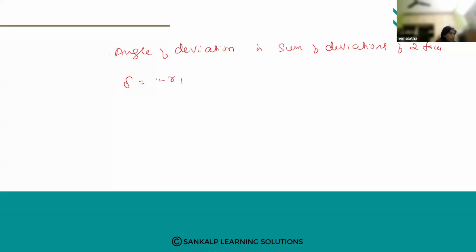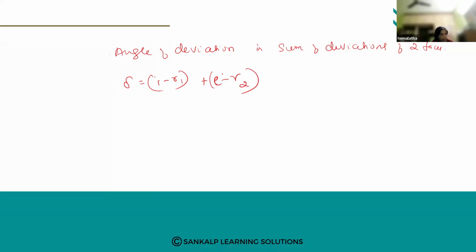Here delta is the angle of deviation, which is the total of the deviations at the two faces. So delta is equal to I minus R1 plus E minus R2, where E is the angle of emergence.